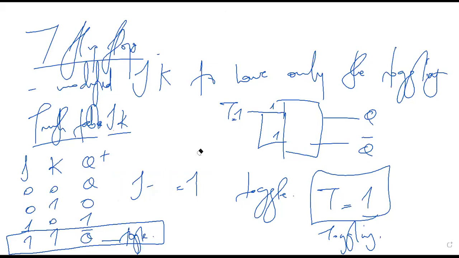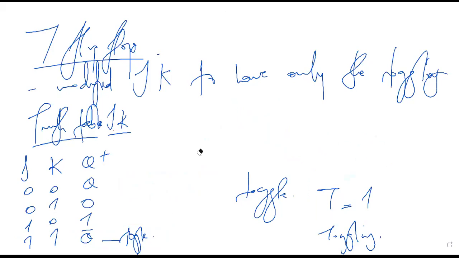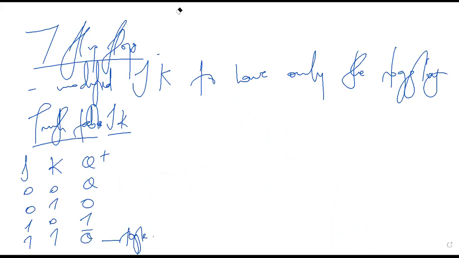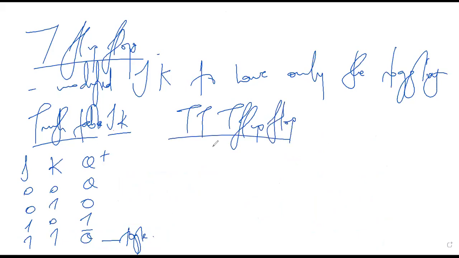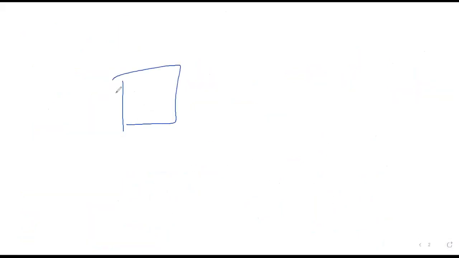With that, the truth table for the T flip-flop. The block diagram, we have something like this: T, Q, Q bar.